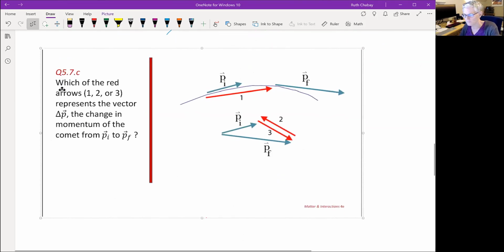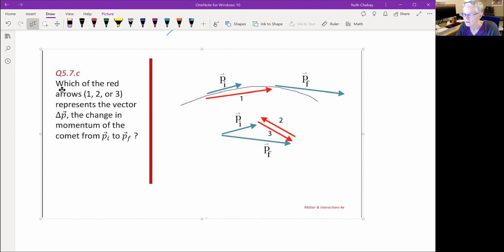Here is a question. We have an object moving along this trajectory outlined by the black line. We look at its momentum at one instant, p initial, and its momentum is always tangent to the path, of course.